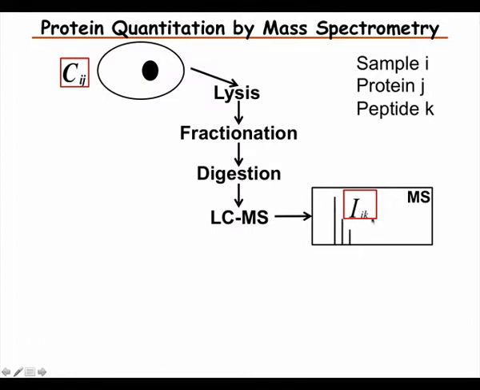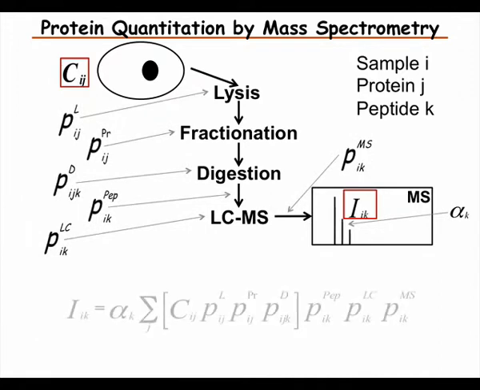And then you have all sorts of losses here that are dependent on what the protein structure is, and also on the sequence of the peptide. So if you know all these losses, of course, you can write an equation to calculate the intensity that you will measure of a peptide, how it depends on the concentration, but that's not the practical thing.